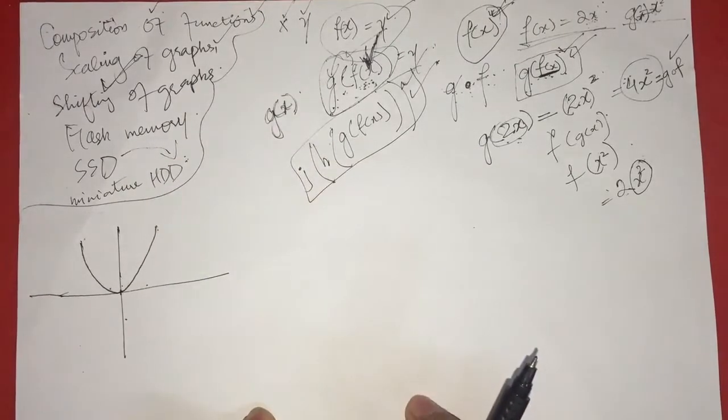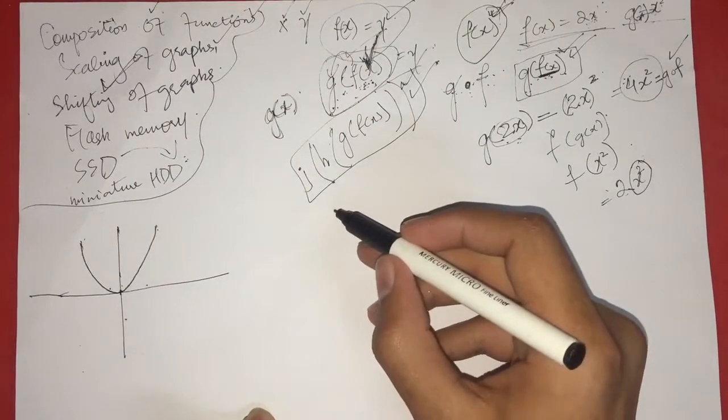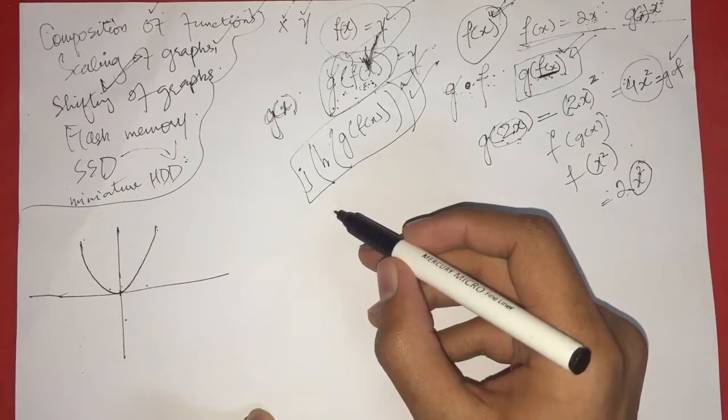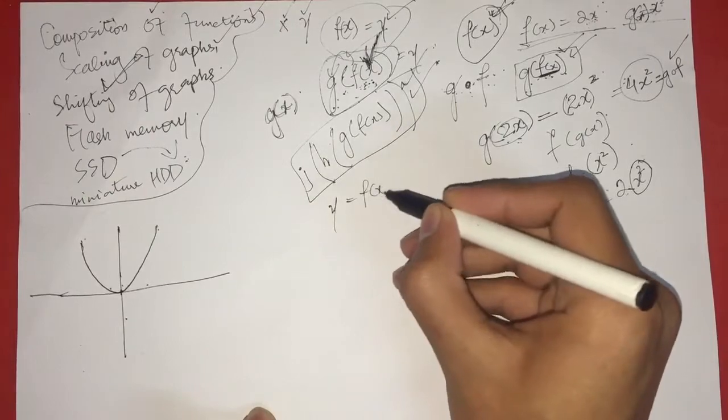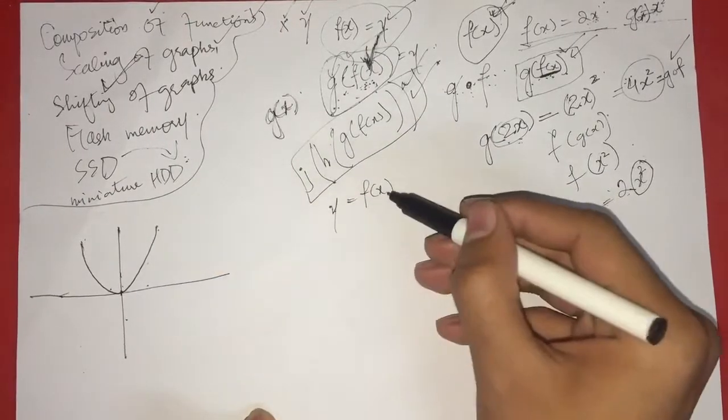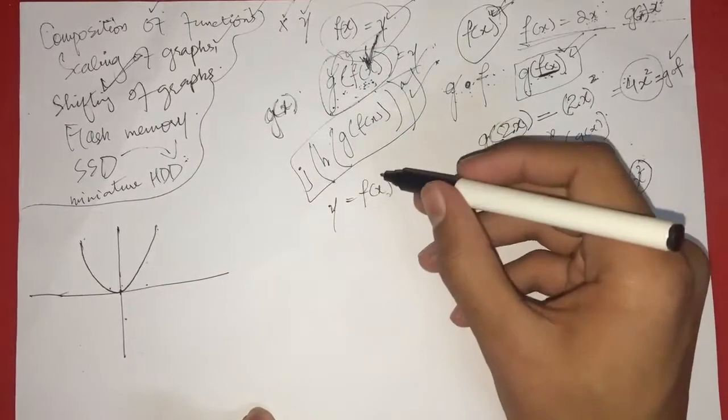So how are you going to do that? We have a function, y equals f of x. For example, this is the graph of y equals f of x, that's obviously x squared.